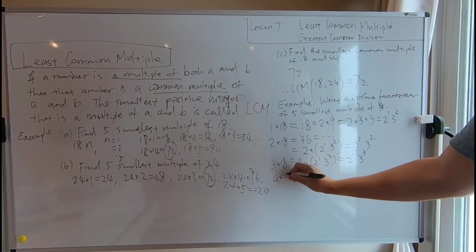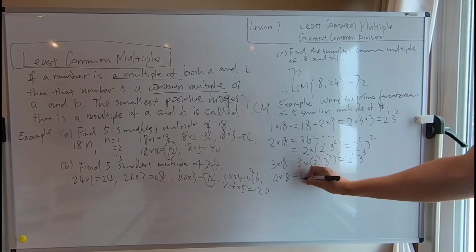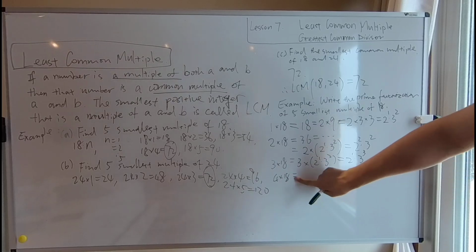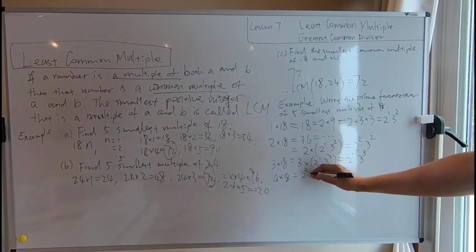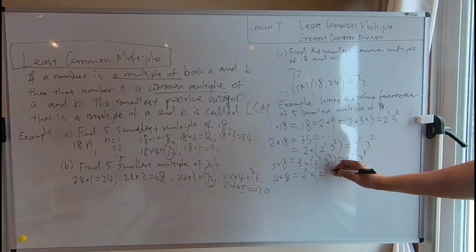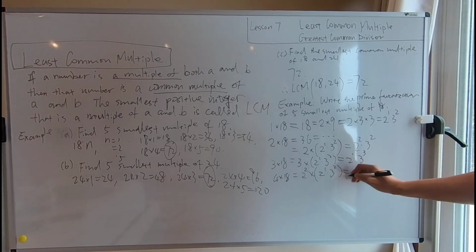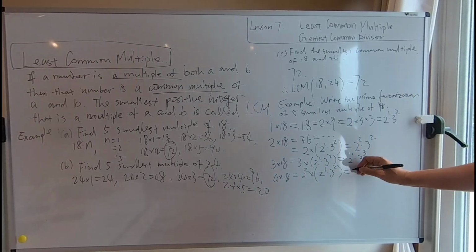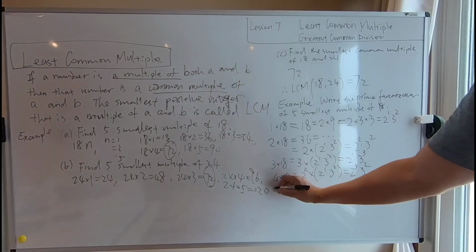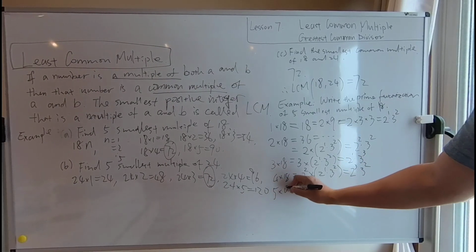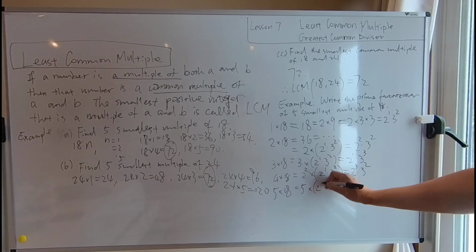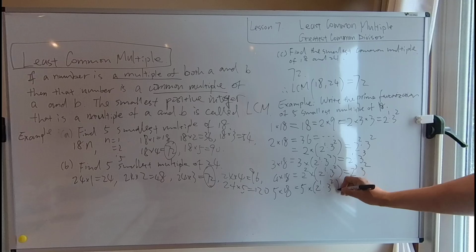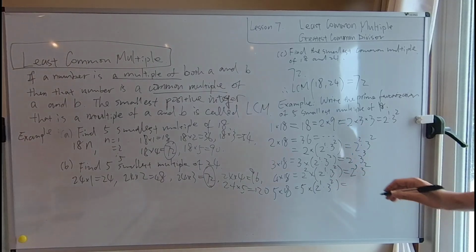4 times 18, that is 4, and 4 is actually 2 squared. I can do this one step ahead. Then 2 gets the power of 3, so it's 2 cubed times 3 squared. The last one, 5. The number 5 itself is a prime number, so there's no further breaking down.